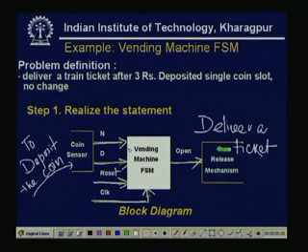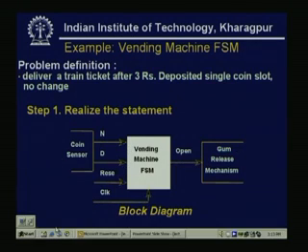And this is the overall block diagram, that means with the input, output and the machine itself.